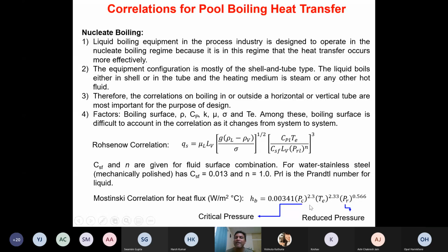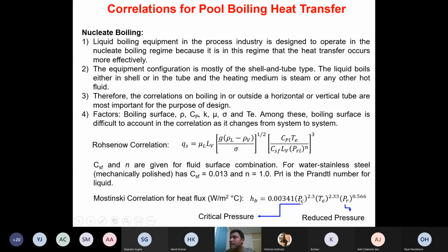But this is not as accurate as this Rohsenow, but you get the value of heat transfer coefficient in the order of magnitude correctly using this Mostinsky correlation.